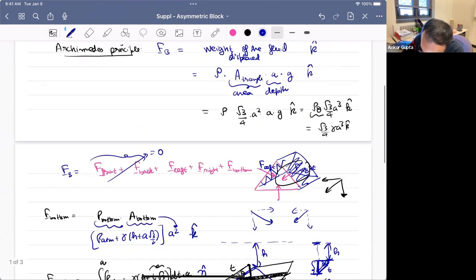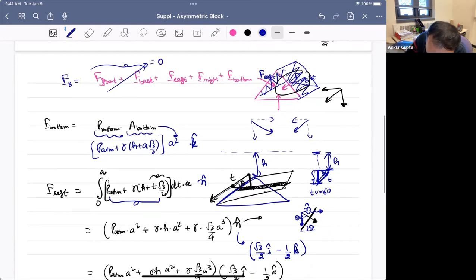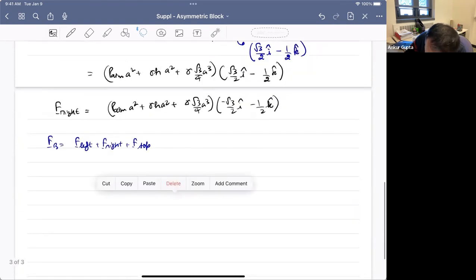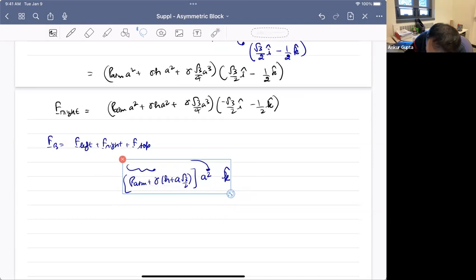So I'll just copy paste this part first here. I have written on top by mistake, it's F bottom. Okay, F bottom here. And so this is the part that I get here on the k cap. Let's move it here.